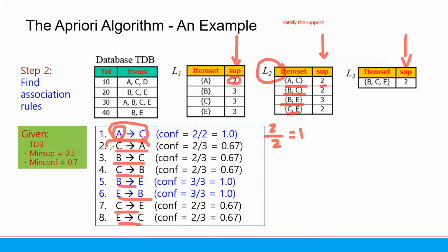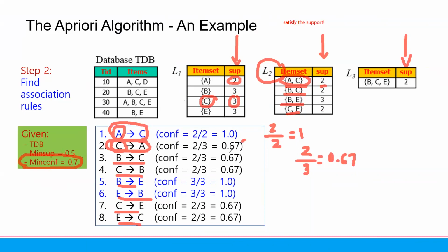What about C to A? So it is the support of AC, which is 2, and we want to divide by the frequency of C. The frequency of C is 3. So 2 out of 3 is 0.67. What is the requirement of the minimum confidence? It is 0.7.